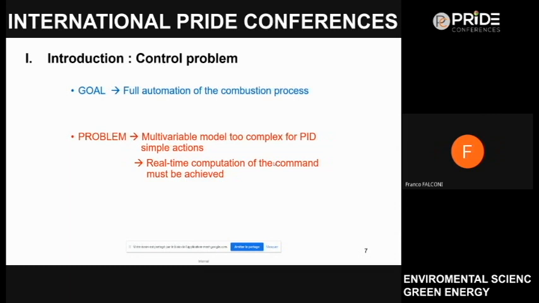And also, we need a real-time computation of the command, which means that we cannot use very complex, for instance, CFD, so computational fluid dynamics, in order to model this kind of process. So the solution is to try to obtain a simple and reliable model of the combustion of this waste in order to control the steam production.